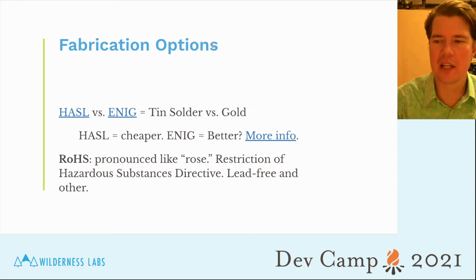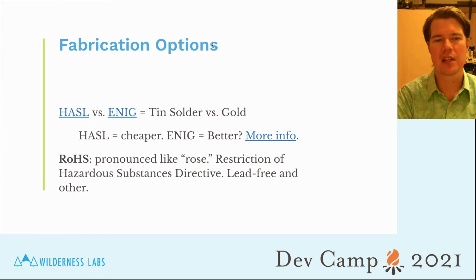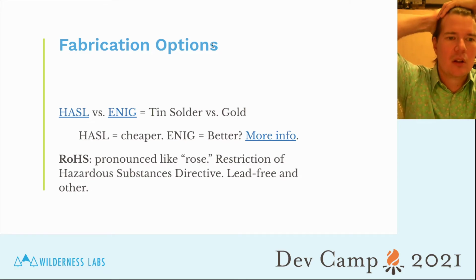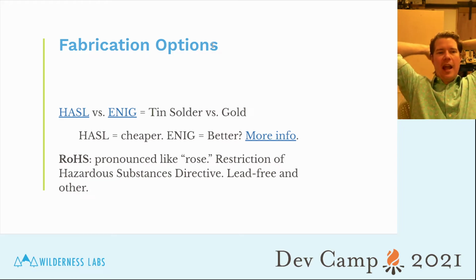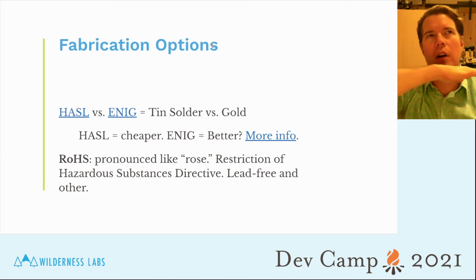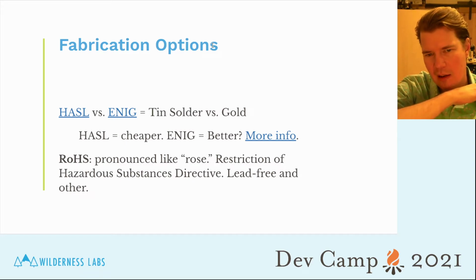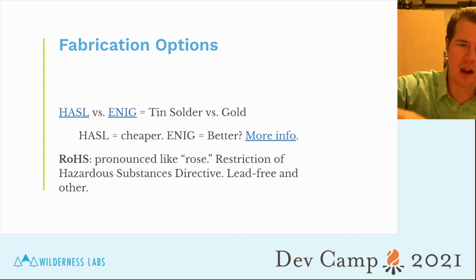When we were over in EasyEDA and had the opportunity to order, it gave us a finish option, and it was either HASL or ENIG. HASL is hot air solder leveling. It's like an air knife. They blow hot air over it, and they put tin, or kind of solder, on top of the pads.